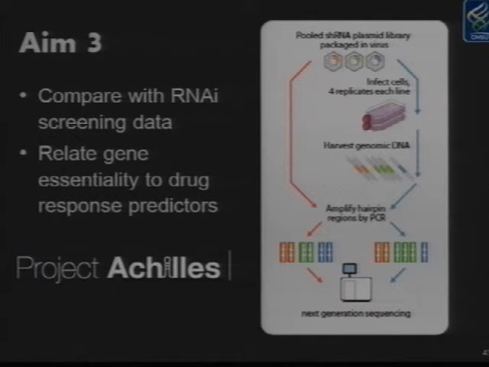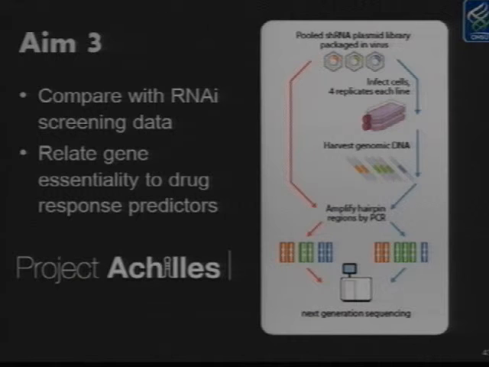So what they do here is they infect cells, a good amount of the overlapping cell lines from what we saw in the previous aim, with short hairpin RNAs, which are processed into small interfering RNAs, each of which targets one specific gene. So the orange plasmid here would target one gene and stop its function.